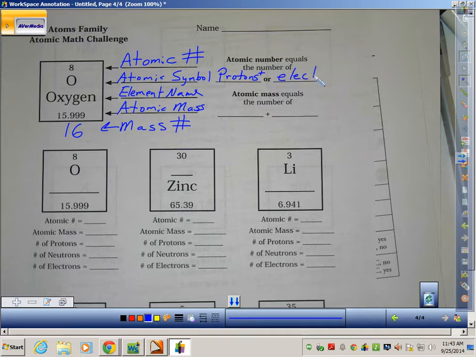Electrons. How smart you guys are. And I want you to actually cross off the atomic part of this worksheet, and I want you to change it to mass number, because that's incorrect. The mass number equals the number of protons plus neutrons.